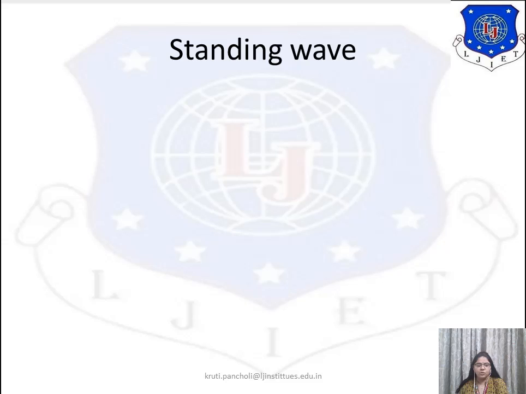Whereas if the load is not connected with the perfect characteristic impedance, some energy is reflected back, and thus the incident and the reflected energy along the length of the line form the standing wave.